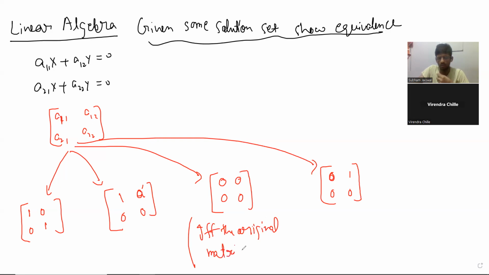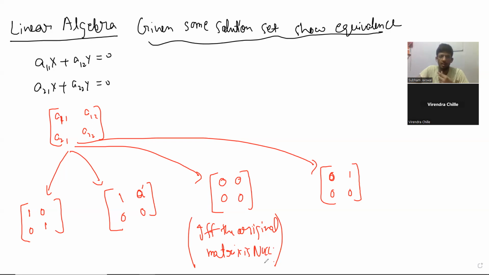Okay? So when you have a column and it's a pivot column, you can make the entire column 0 other than the pivot, and otherwise you can go forward, right? Or if there is no pivot, then that column can have zeros, or it can also have non-zero entries.